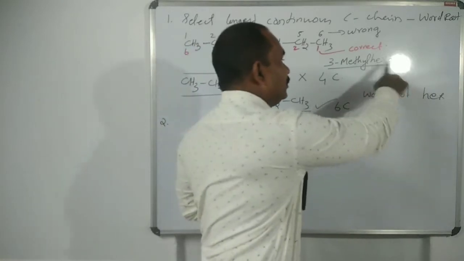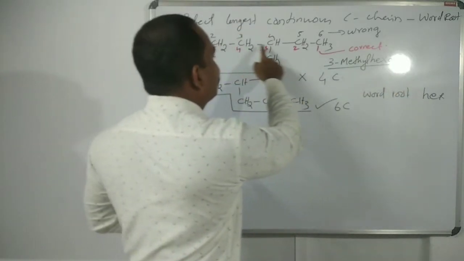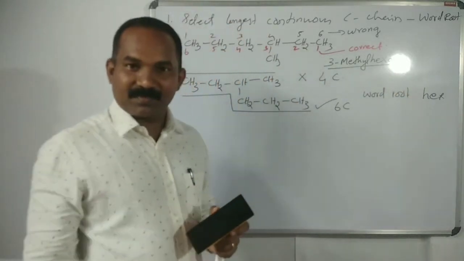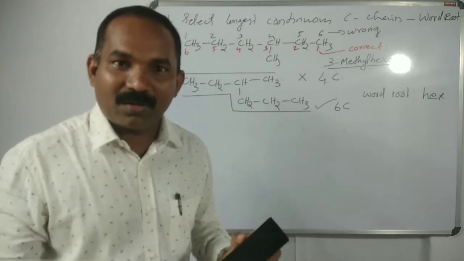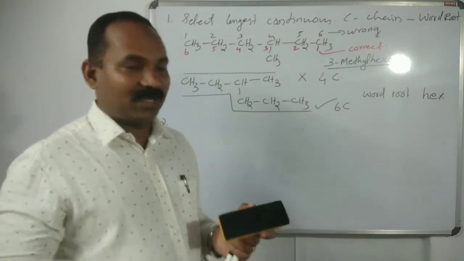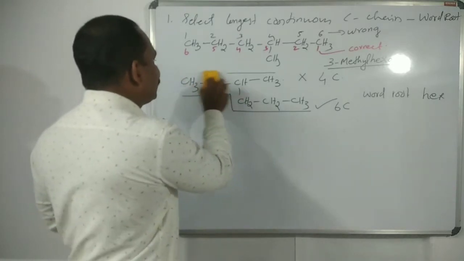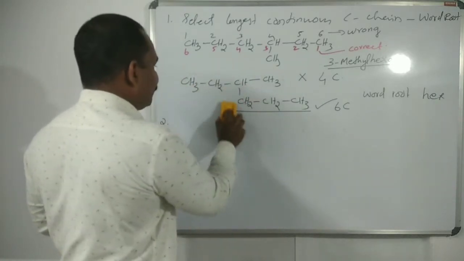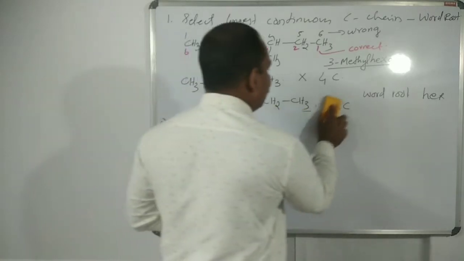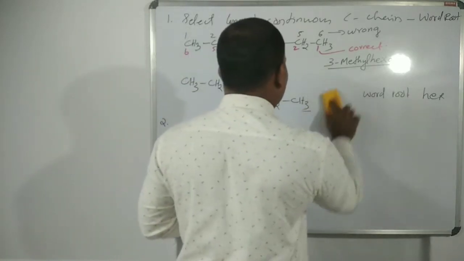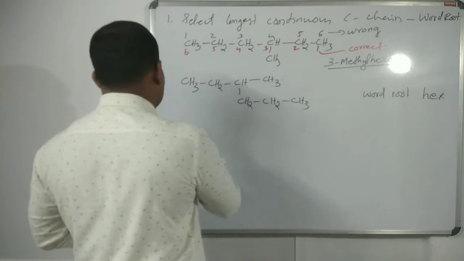Why hexane? All the bonds are single bonds. Are you clear? In the same manner, this hydrocarbon chain is numbered. Let's number the hydrocarbon chain.